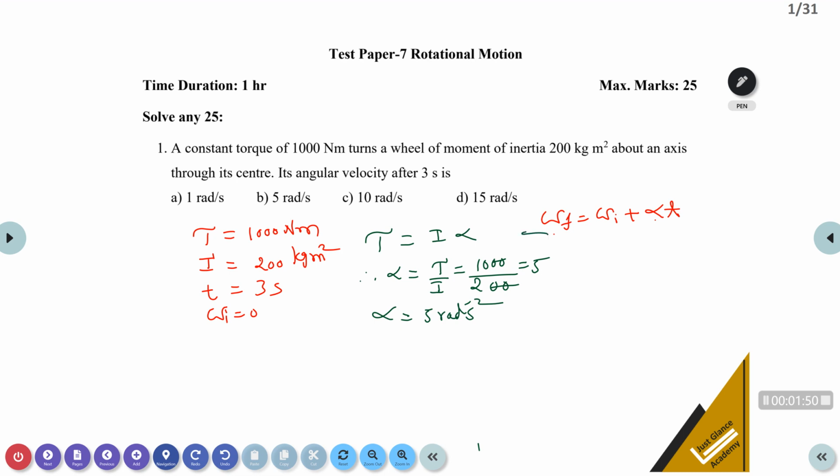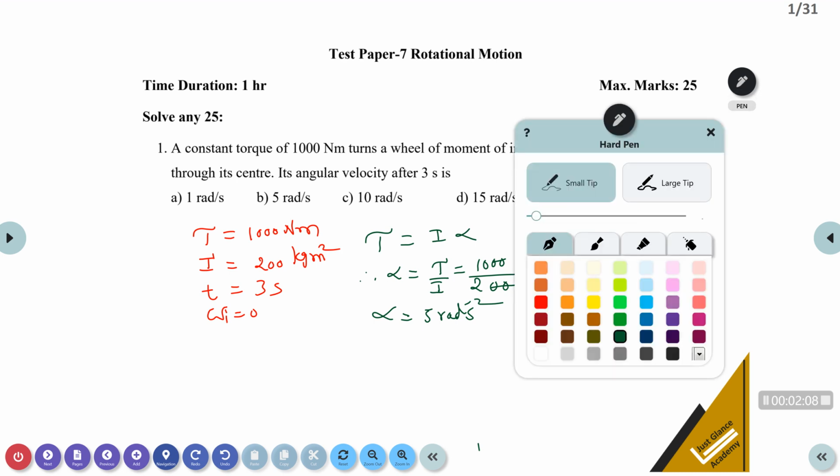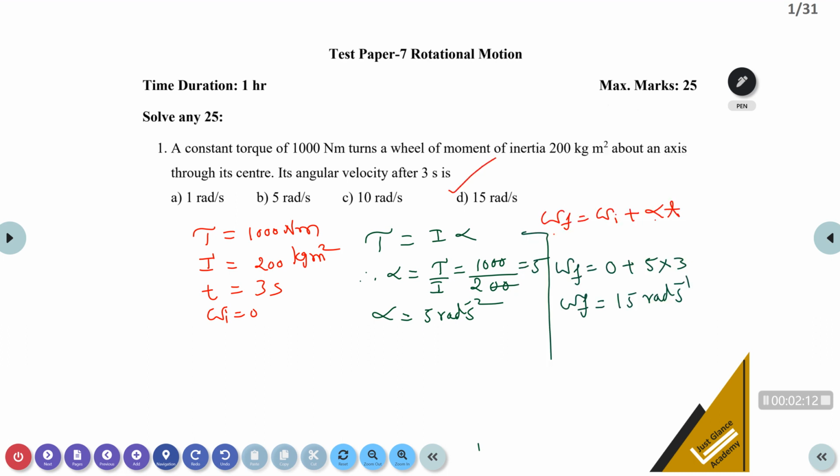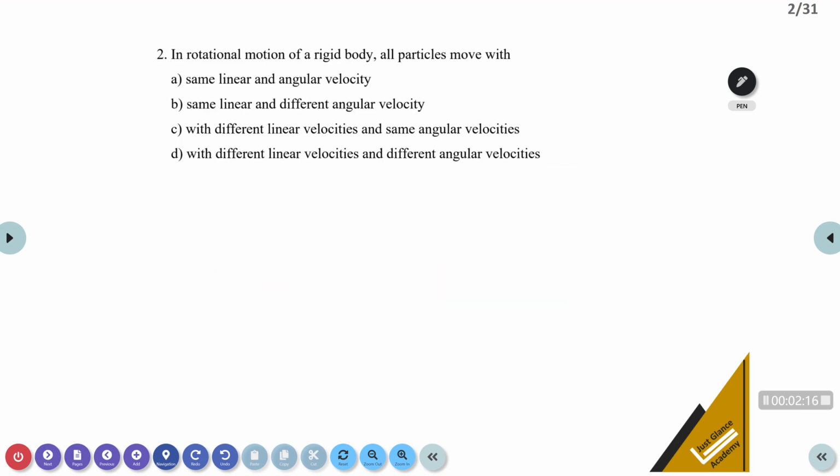Now I will calculate omega f equal to 0 plus 5 into time, 3 seconds. So omega f equal to 15 radian per second. This is the right answer.